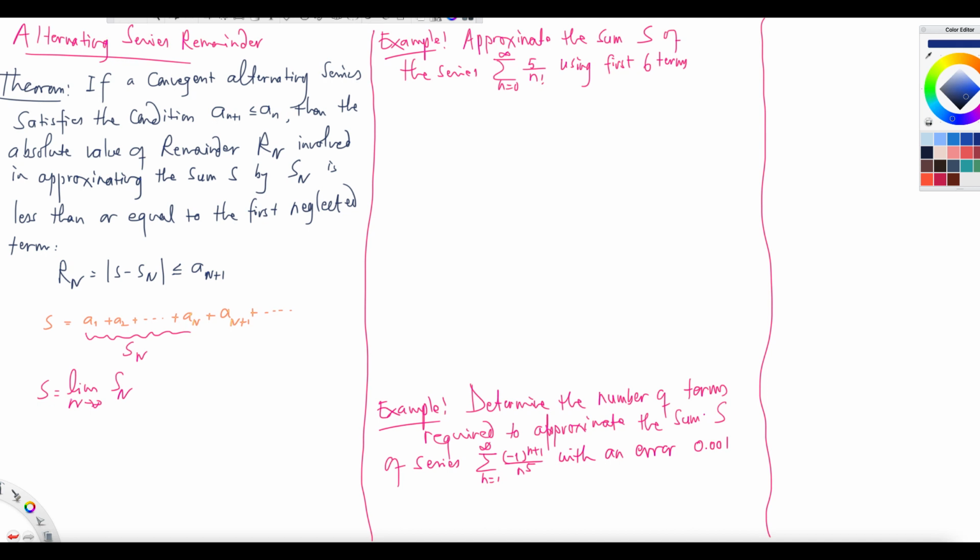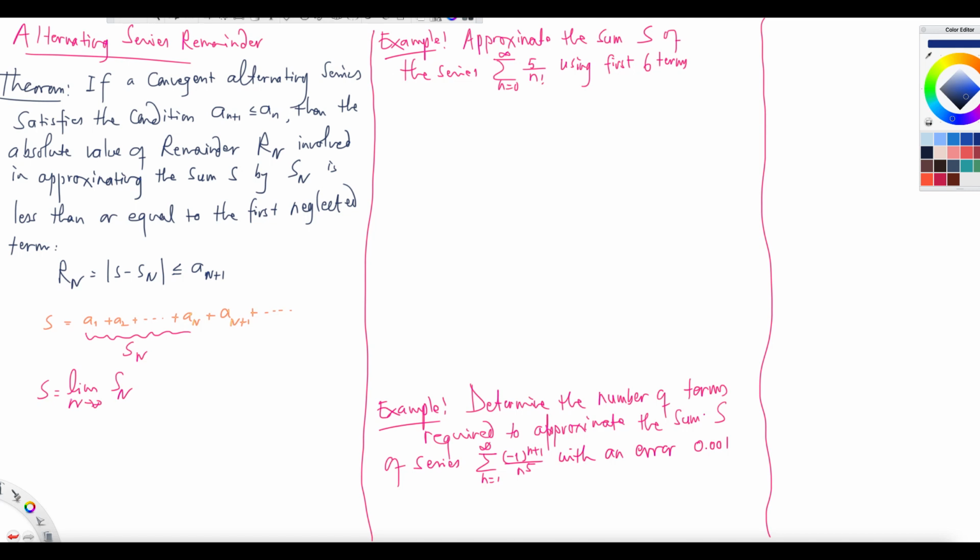We usually find the sequence of the partial sums. If the sequence of the partial sums s sub n converges to a number, that number is the sum of that series, or that series converges to that number.